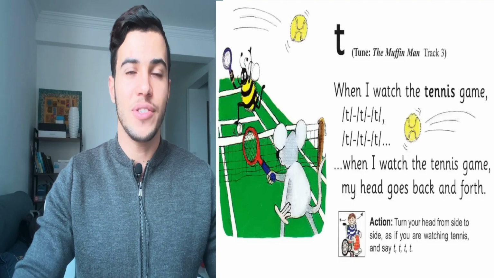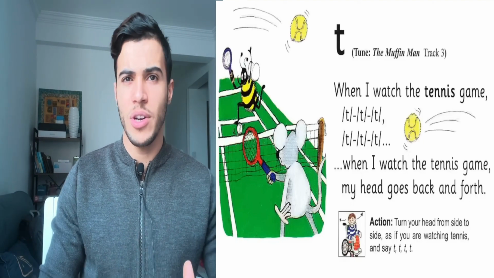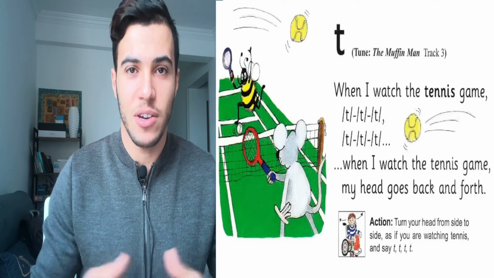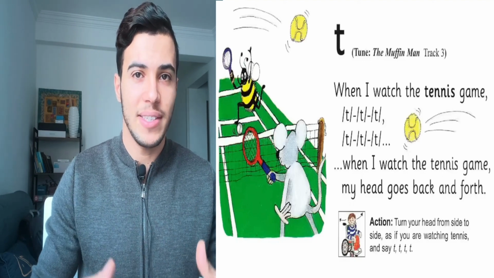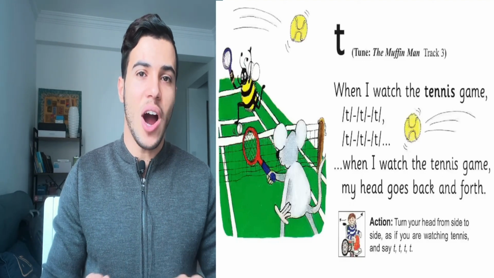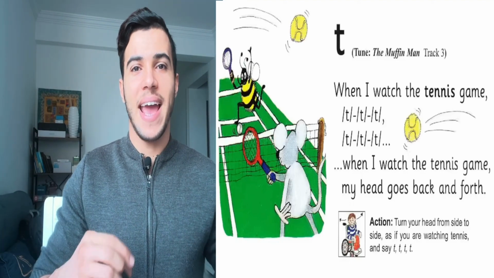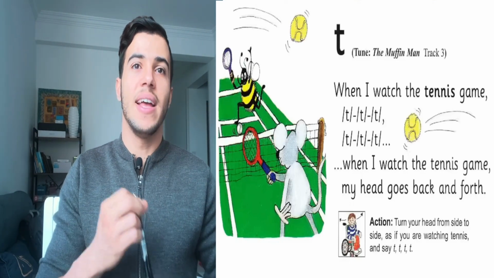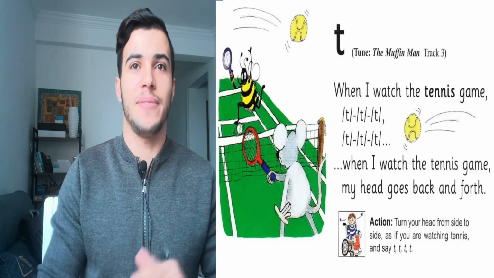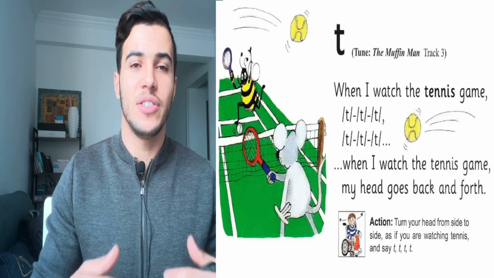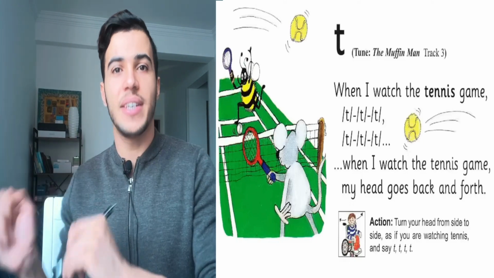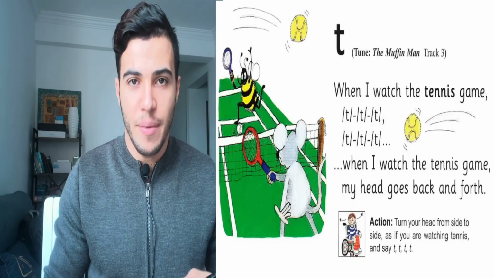All right, so some children go to a tennis match. Each time the racket hits the ball, it makes a t noise. The game is very exciting. The people in the crowd turn their heads from side to side, watching the ball.